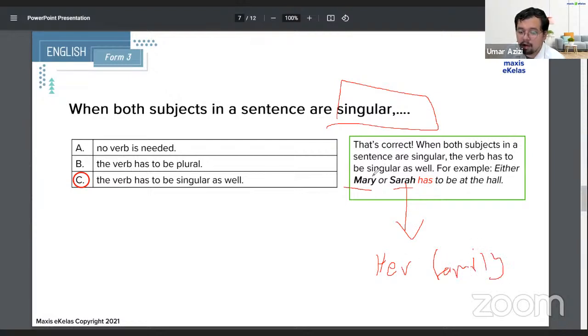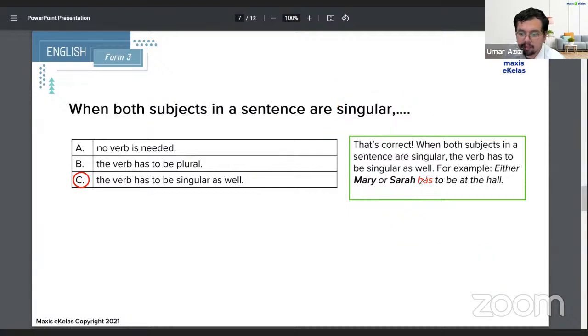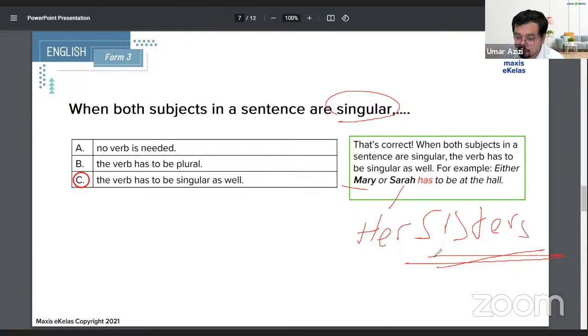Either Mary or her family have to be at the hall, or her team, or her sisters. Let's go with something very clearly plural. So, Mary or her sisters. Sisters is plural, so from has, we have to use have instead. Have is the plural of has.